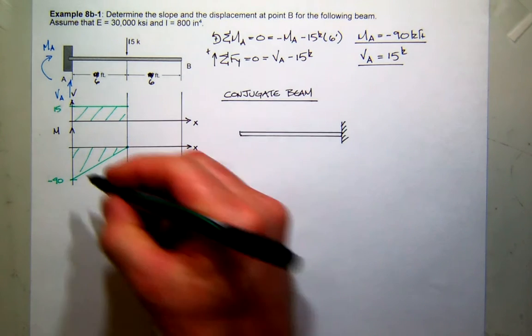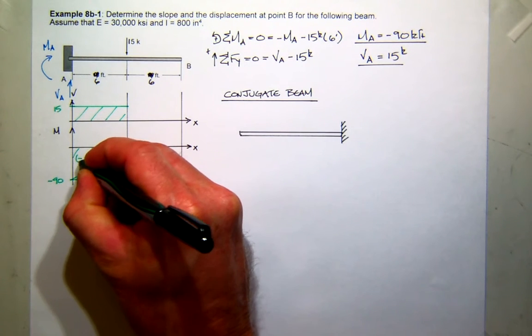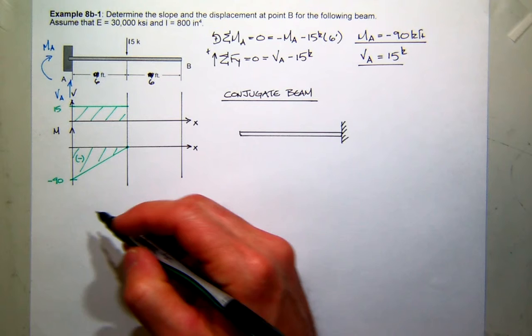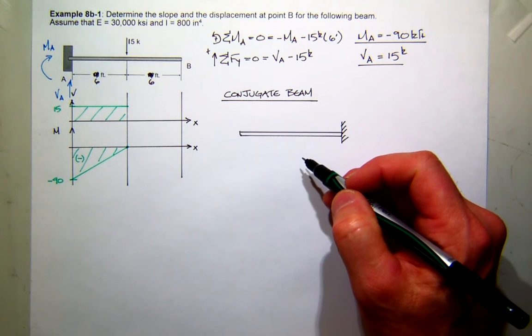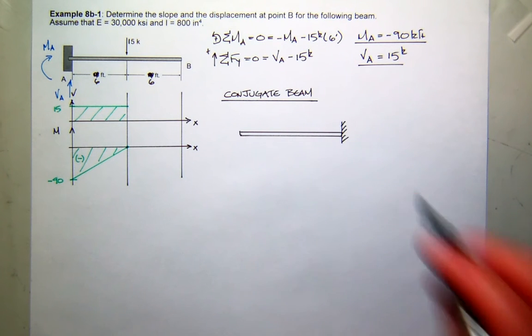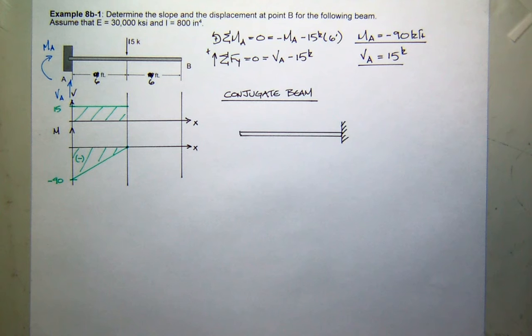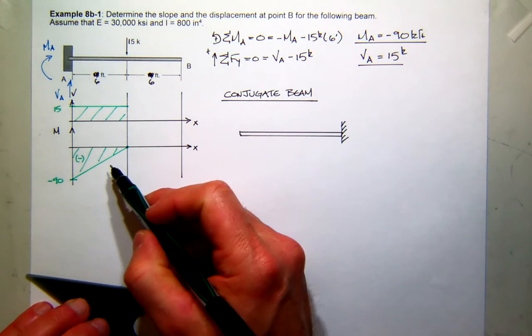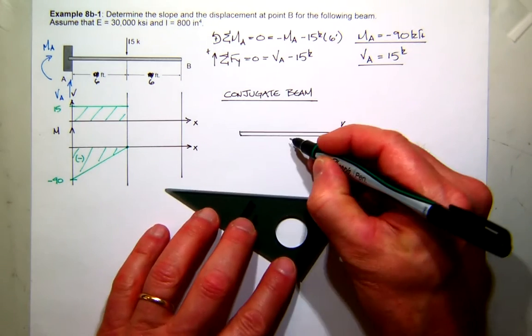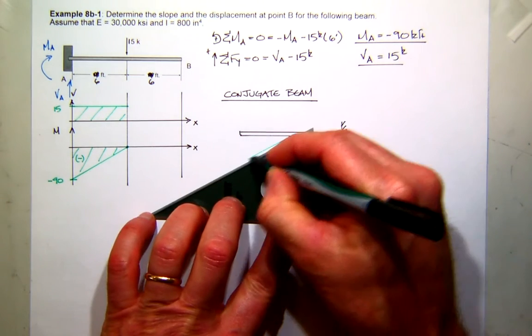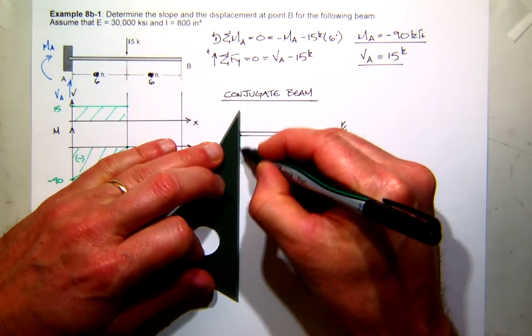Alright? So you'll notice our moment here is all negative. So what's a negative load? Up or down? It's down, right? Now what I like to do sometimes to help you not miss it is to just take the moment diagram and put it on the beam. So you don't have to think about anything. There it is.